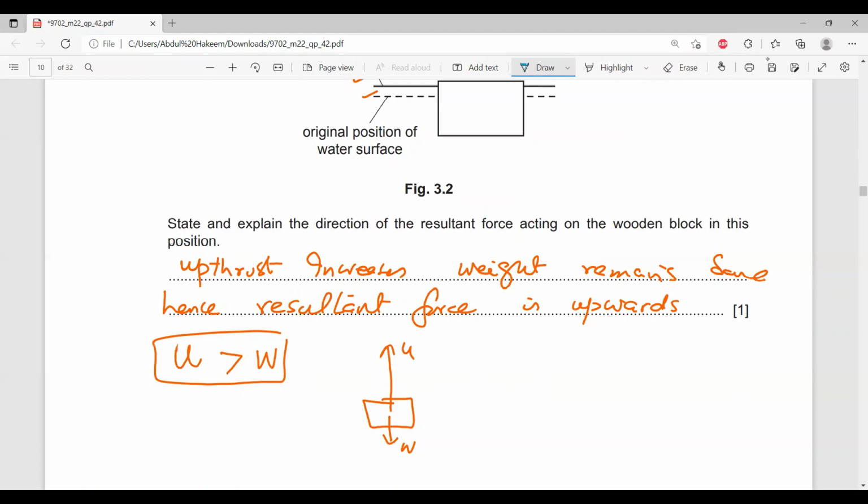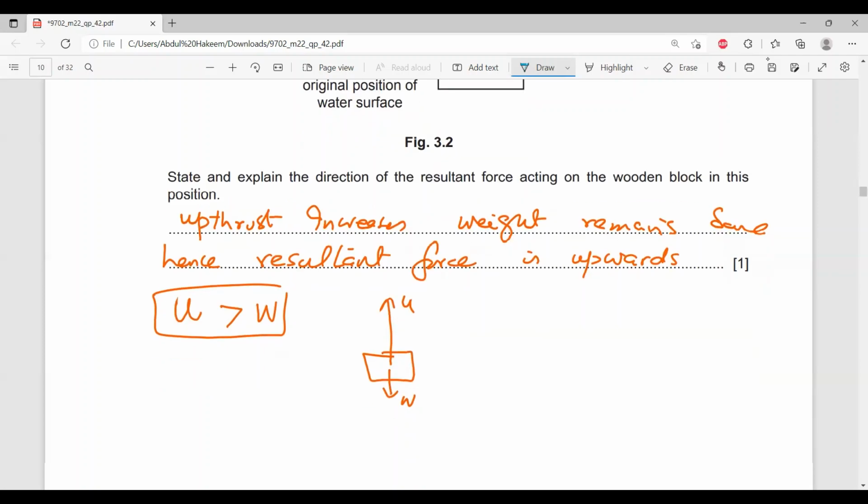So when the upthrust is greater than weight, then definitely the resultant force acts upward. Because the weight acts down, thrust acts up, but due to more depth, more displaced water, thrust becomes greater than weight. Hence, the resultant force is in the direction of the larger force. So it is upward. Resultant force is upward.